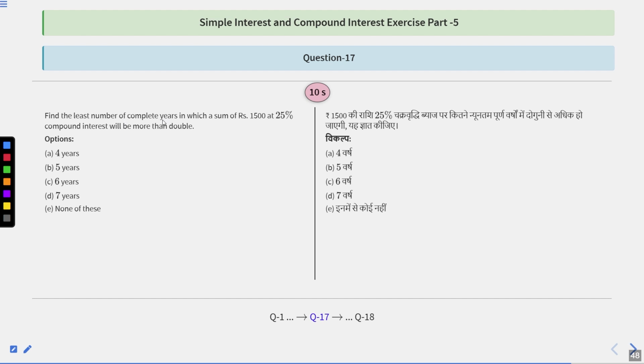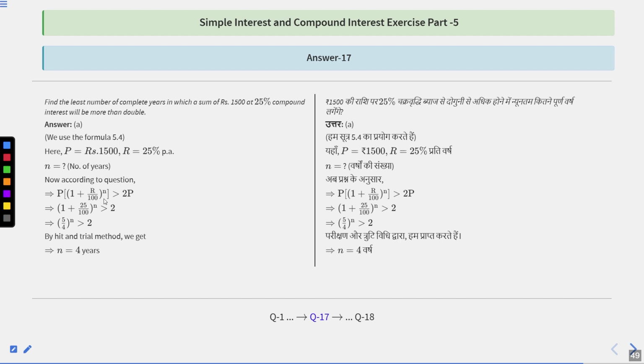Find the least number of complete years in which a sum of rupees 1500 at 25% compound interest will become more than double. You have 5 options and 10 seconds to analyze the question. Your time starts now. Now time's up. Let's see the solution. According to the question, the principal amount is 1500 and the rate of interest is 25%.